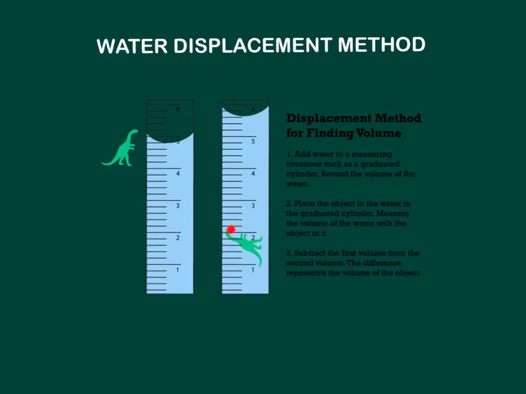It is matter. It will displace, it will move the already existing water in the tube, and hence the water level goes up. I will record the final volume of water. I would subtract the initial volume from the final volume, and the difference represents the volume of the object.